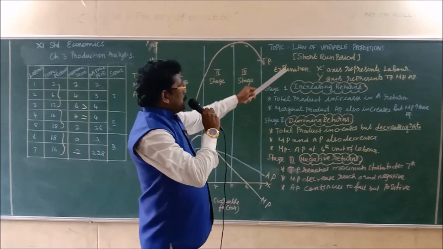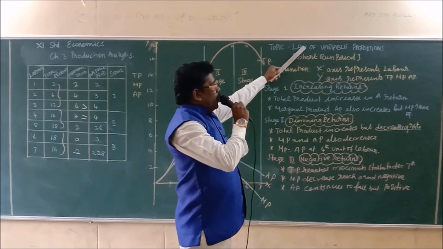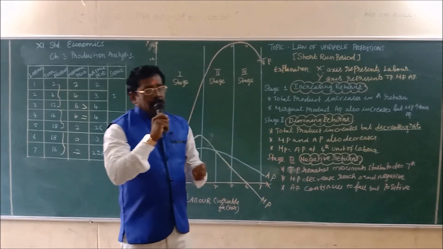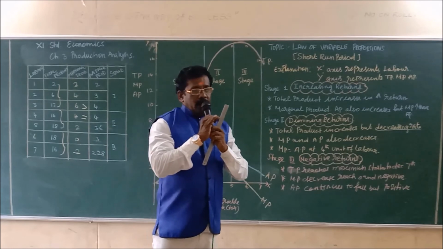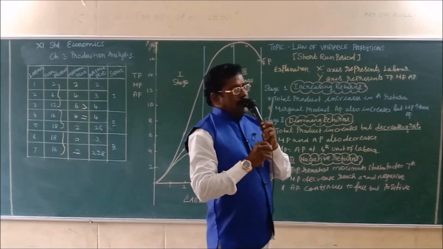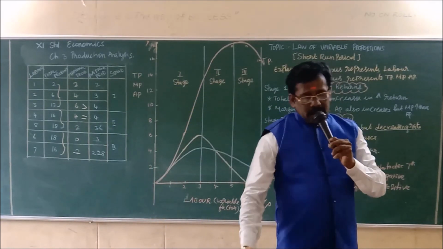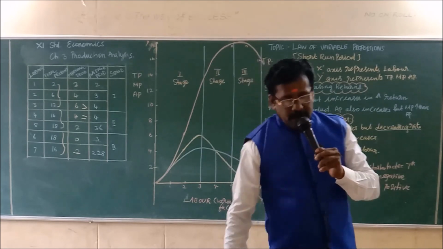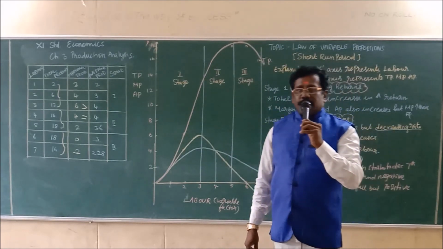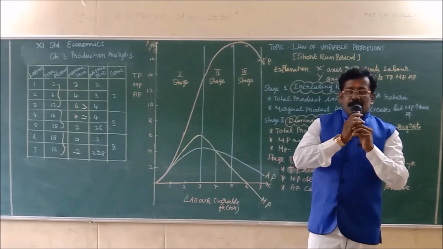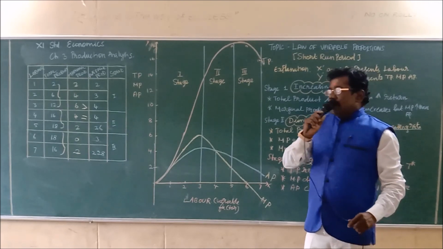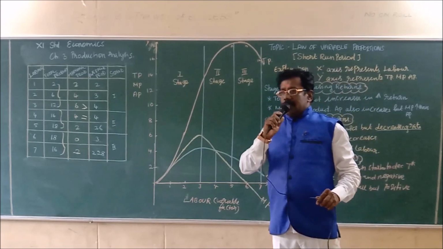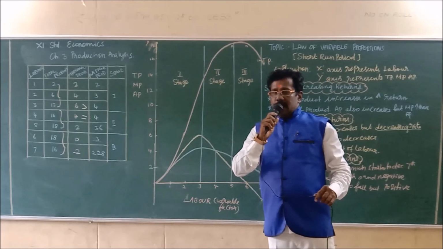The next one is the long run period, the law of returns to scale. In that case, all variables are changing. No variable remains constant in the longer period. Every factor keeps changing in the longer duration. That is why we call it the law of returns to scale. That we will see in the next class.